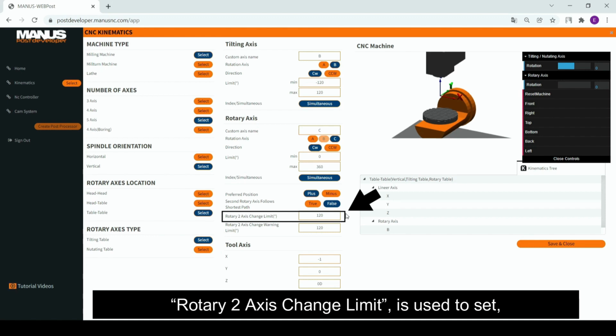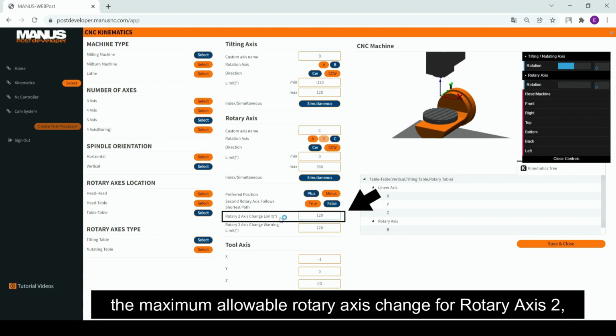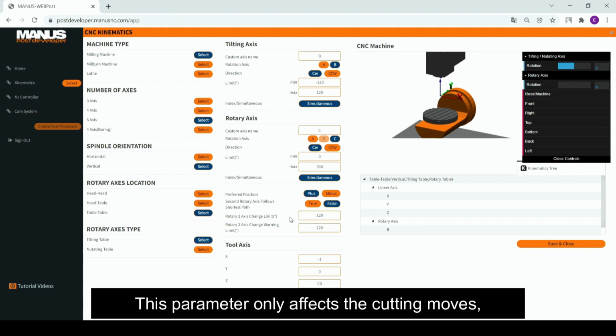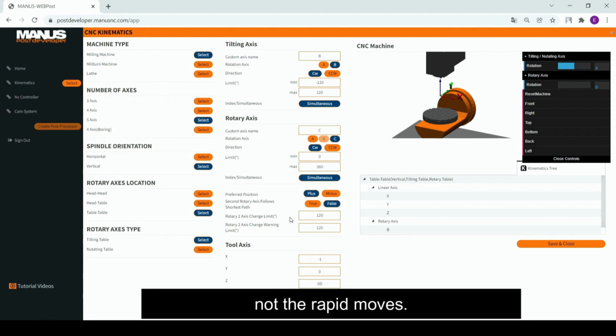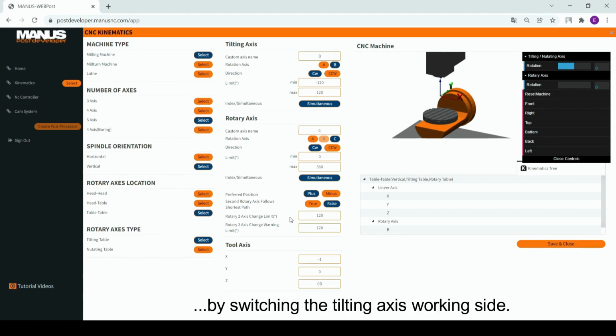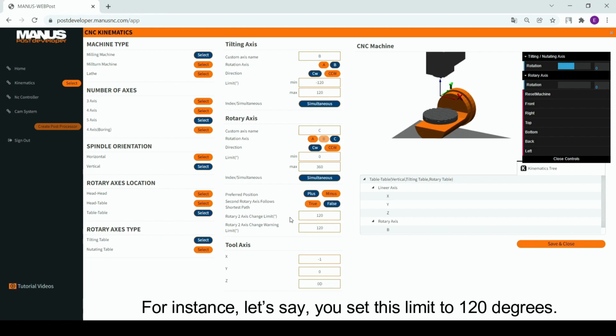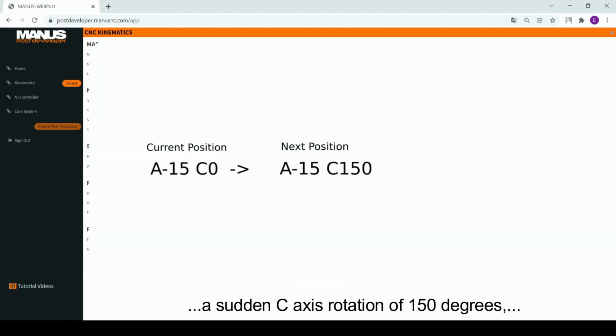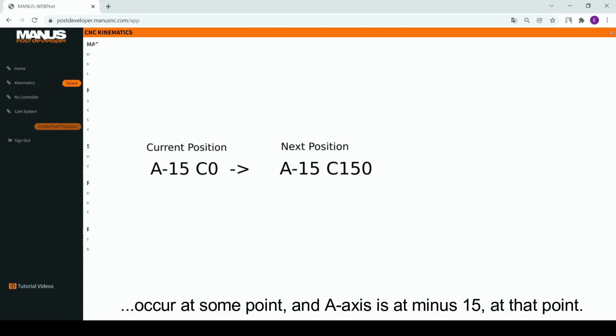Rotary 2-axis change limit is used to set the maximum allowable rotary axis change for rotary axis 2 in simultaneous operations. This parameter only affects the cutting moves, not the rapid moves. This works as follows. For instance, let's say you set this limit to 120 degrees. And let's say a sudden C-axis rotation of 150 degrees occurs at some point, and the A-axis is at minus 15 at that point.